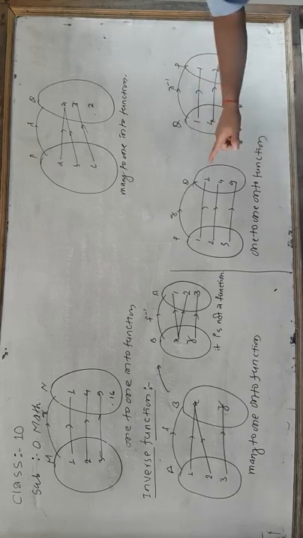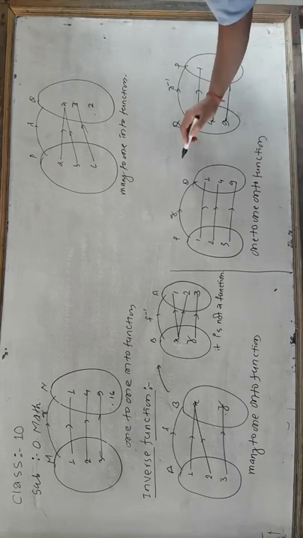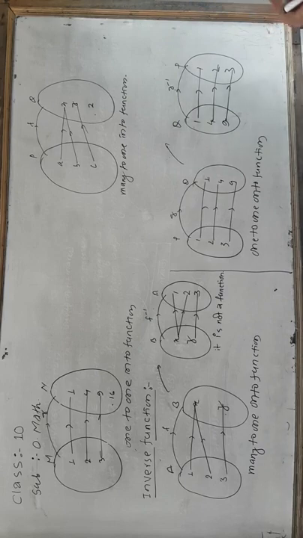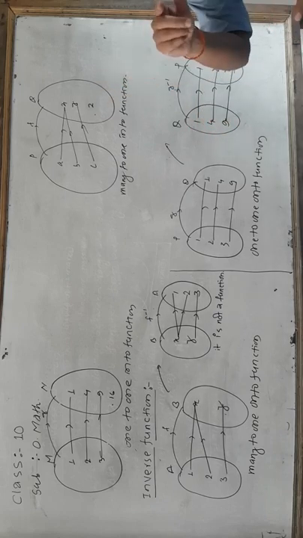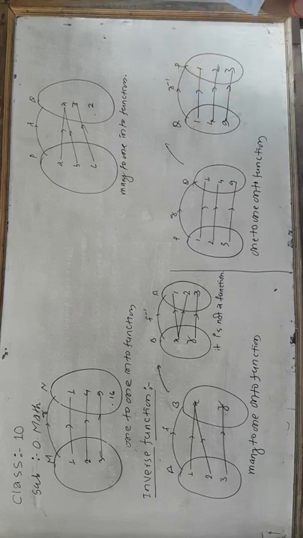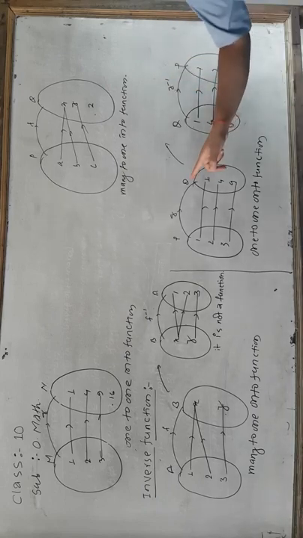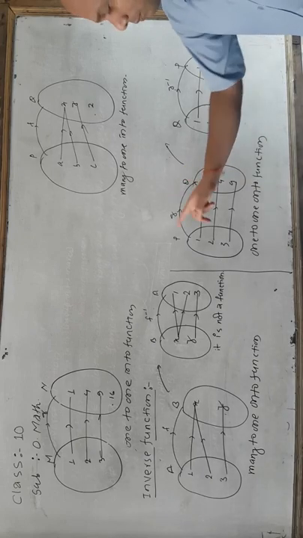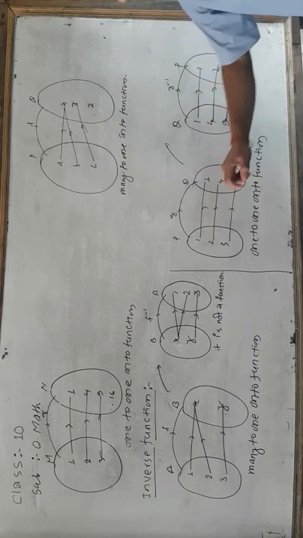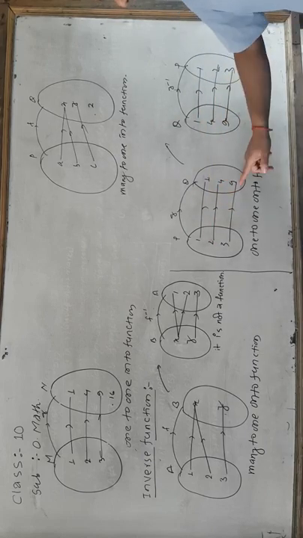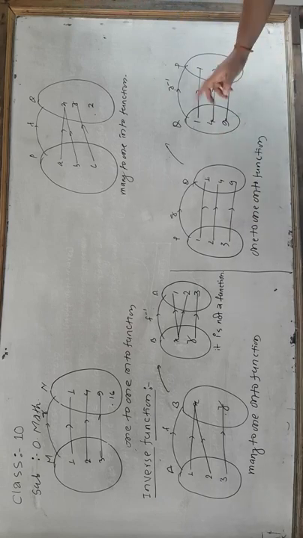Here in this function, when we find its inverse, you know the condition: interchange the positions of sets, in other words interchange their range and domain, then we get a new function that is called the inverse. Here we interchange sets P and Q, so here Q and here P, and 1 is linked with 1, 4 is linked with 2, and 9 is linked with 3.